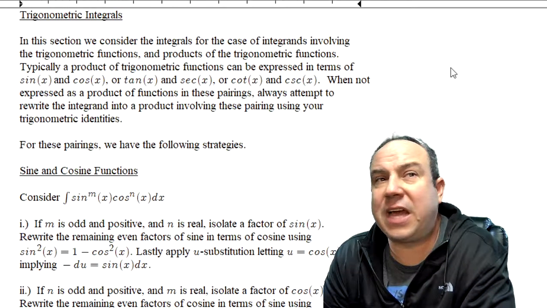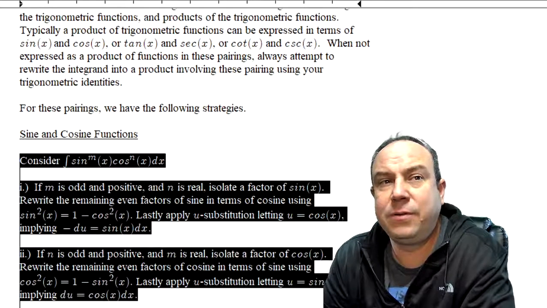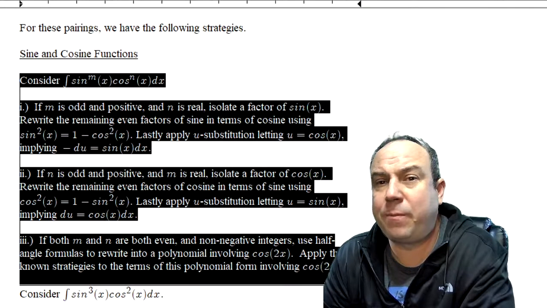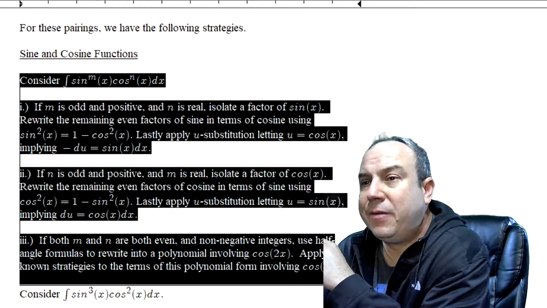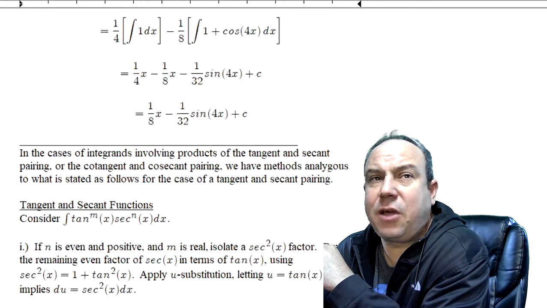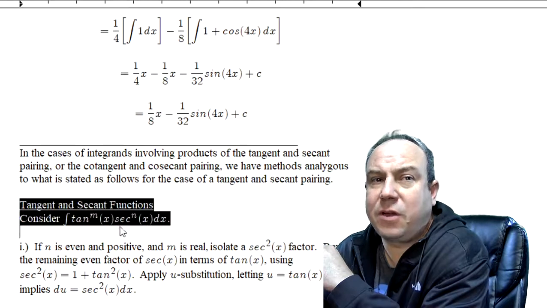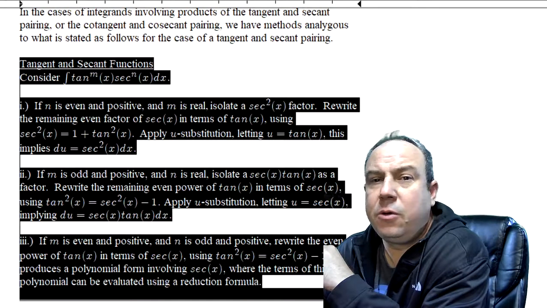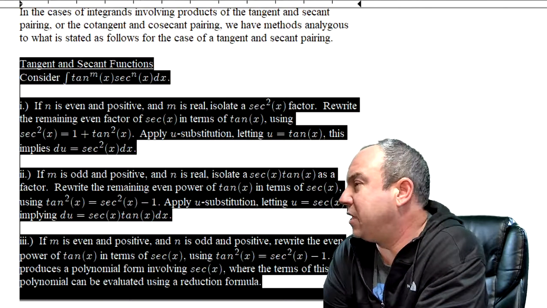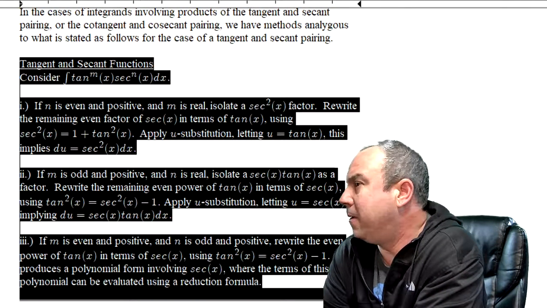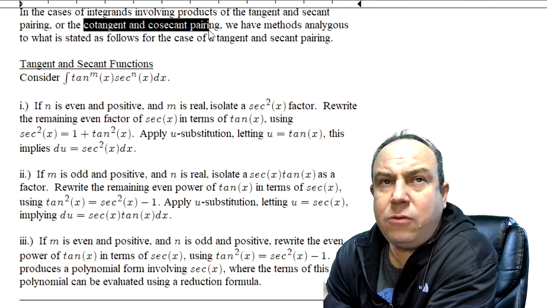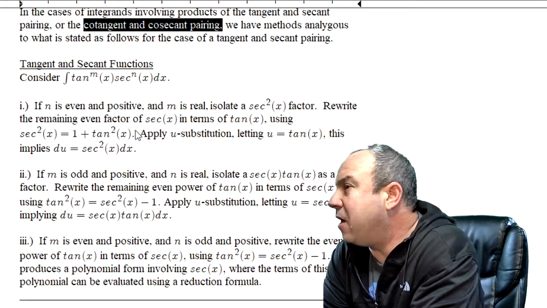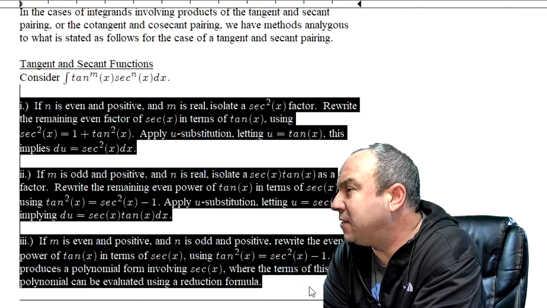In the case for sines and cosines, we have these strategies seen early on in the notes. For the cases of tangent and secant, we have these strategies presented here second in the notes. I don't present the cases for cotangent and cosecant as they are very much analogous to this situation here.